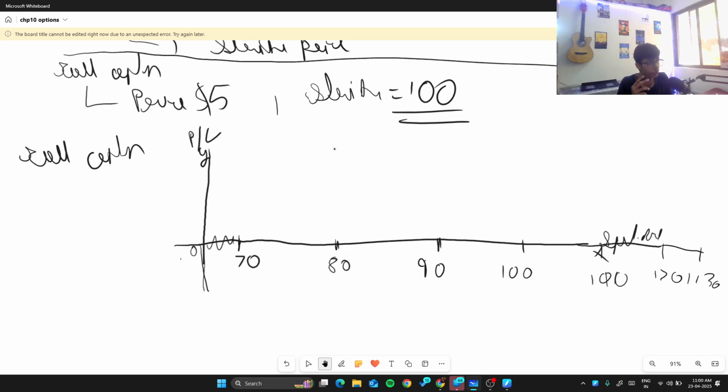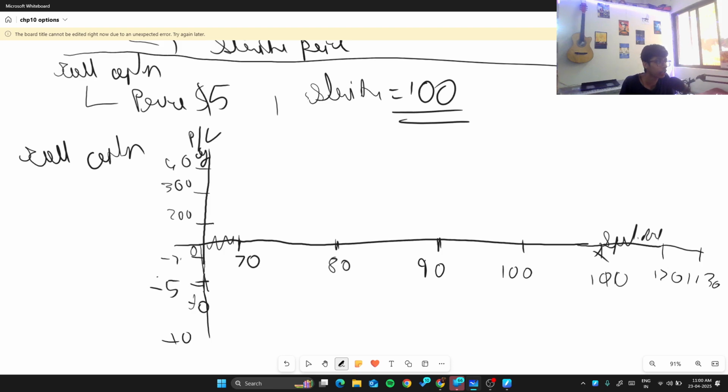So we paid $5 upfront at time 0. So let me plot the profit: 10, 20, 30, 40, and on the negative side -1, -5, -10.